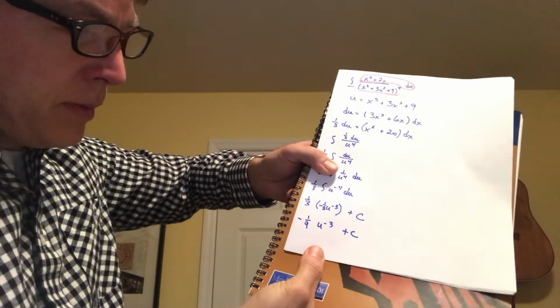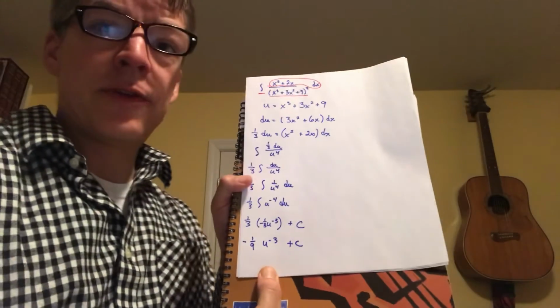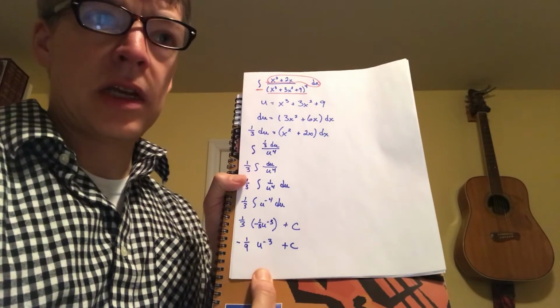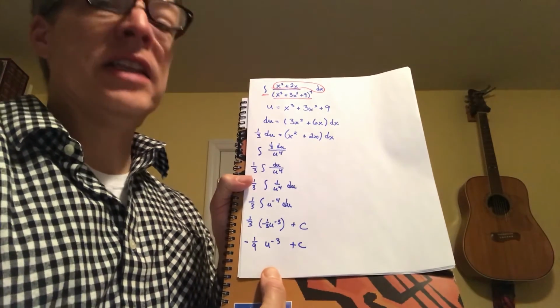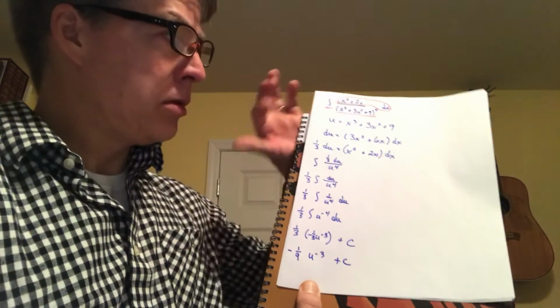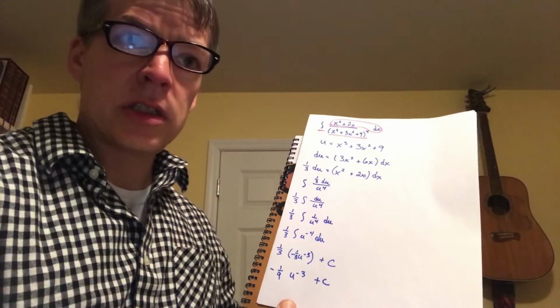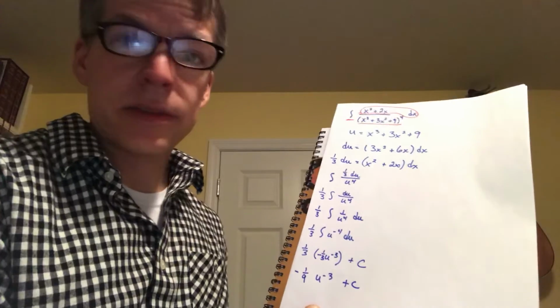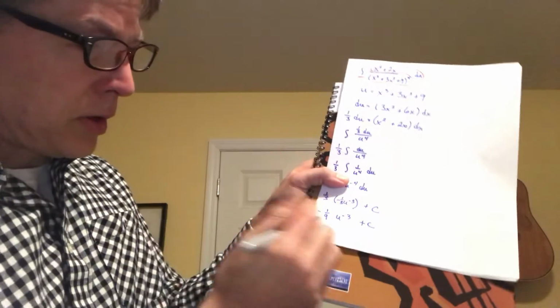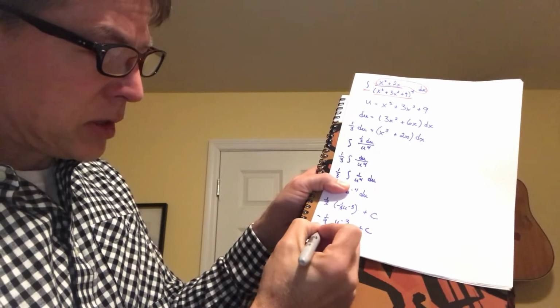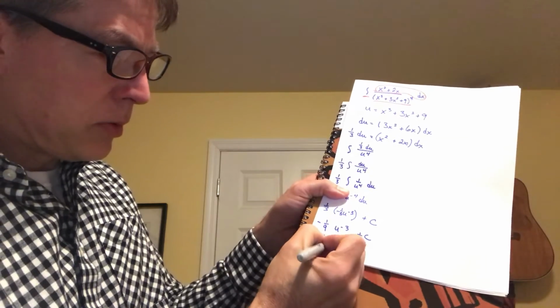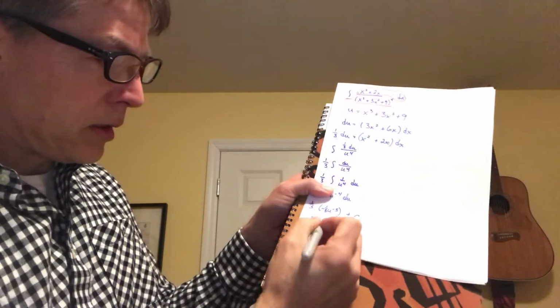My last step here, if you remember the notes that you took yesterday: if you have an indefinite integral, which we do, there are no limits on this, you just put everything back into terms of x. So I'm going to put everything back in terms of x. Instead of a u, I'm going to put down what we originally had u equaling way up there.